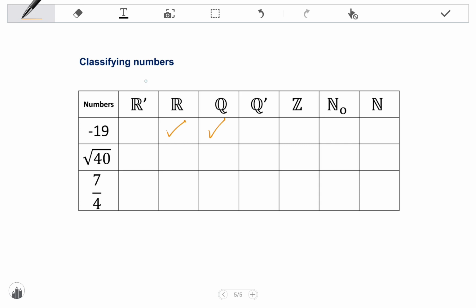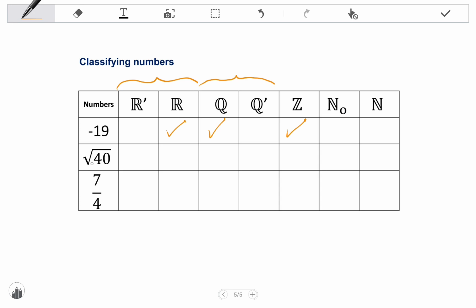Okay, and these are mutually exclusive, so you can't have a number be real and not real. Only one of them will apply. You can't have a number be rational and irrational. Only one of those can apply. Okay? But a number can be an integer and a whole number and a natural number. But negative 19, that is an integer, but it's not a whole number which only starts at 0, and it's not a natural number which only starts at 1.